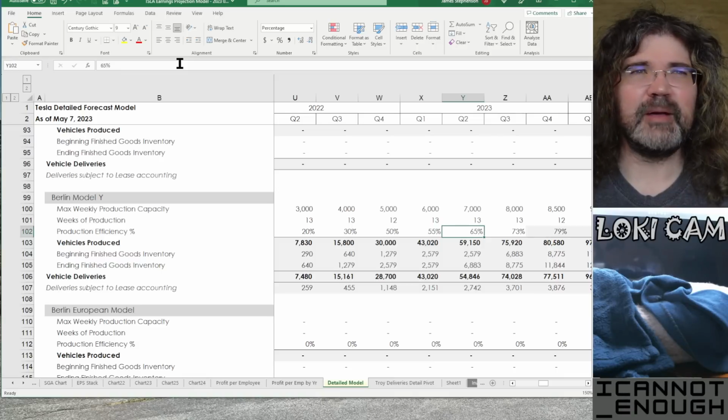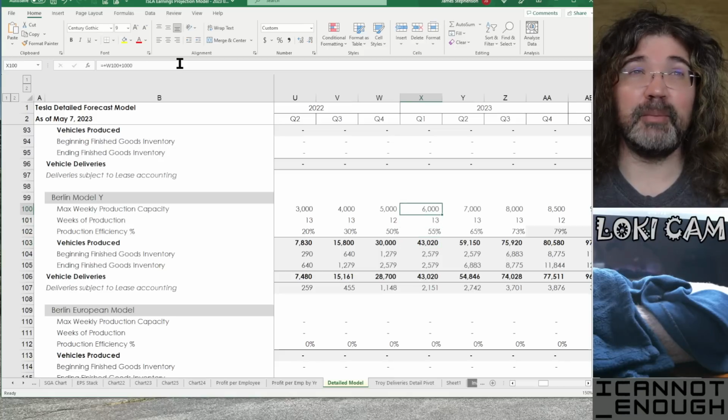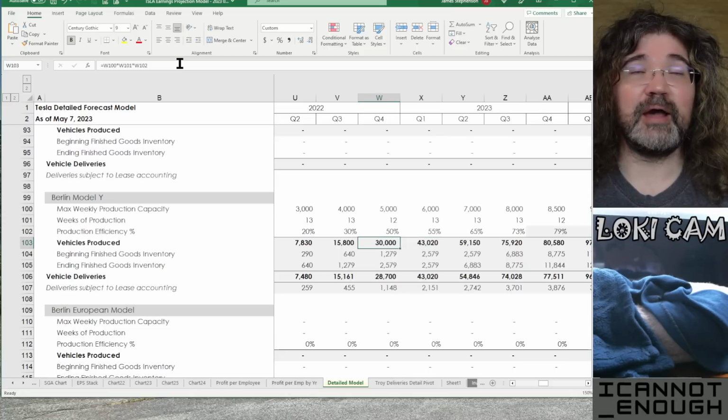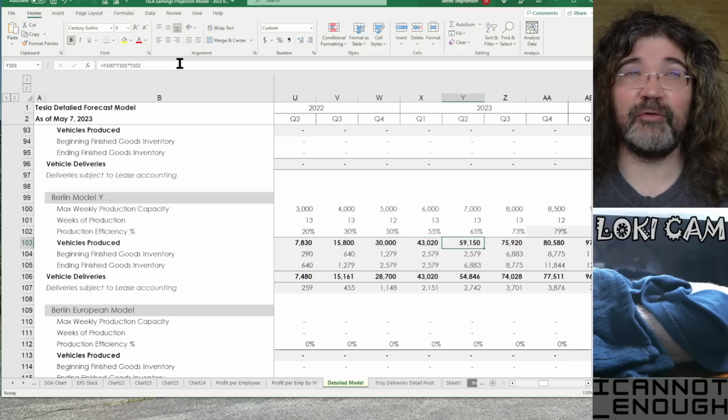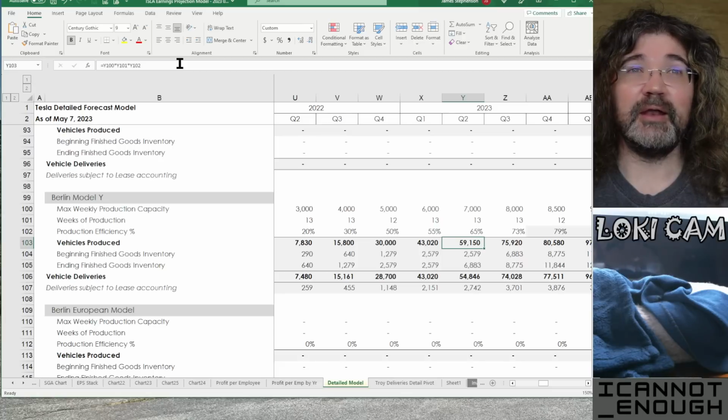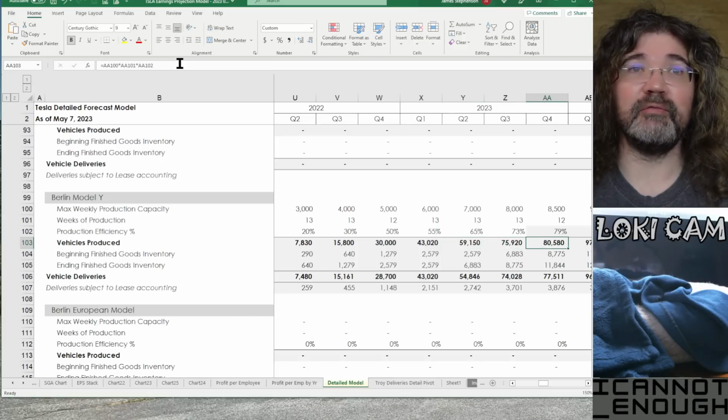So I've got them at 65% efficiency on more vehicles produced. So that's a big jump on both volume and rate here, taking it from the 30,000 we saw in Q4, 43,000 in Q1, 59,000 in Q2, and then finishing off the S-curve by Q4.